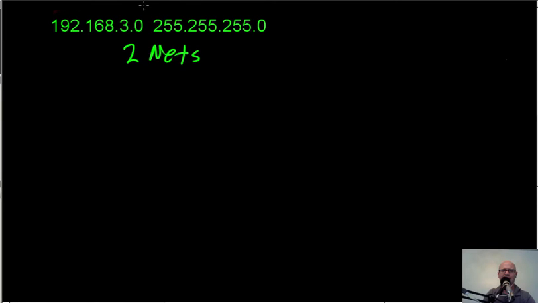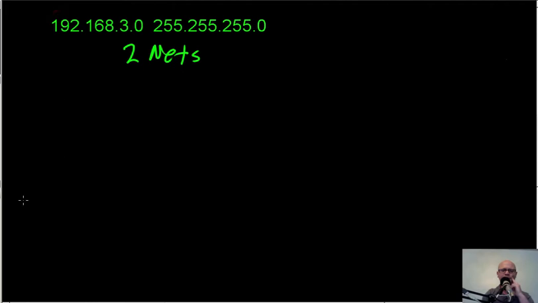If it's a full class C address like 192.168.3.0 with the default subnet mask, then that's actually one network. When we start chopping that up into chunks, that's where the subnetting portion comes in.